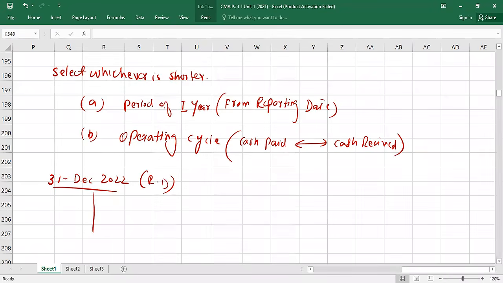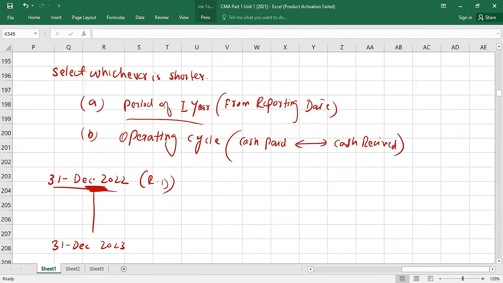From here you have to take a period of 1 year. And from this date, when will 1 year be completed? Tell me. 31st December 2023. This is your period of 1 year. From this date, you have to count a 1 year period.